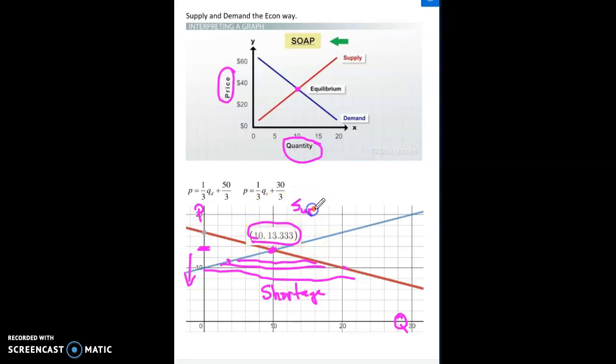And then for surplus, that would be over here. Surplus, remember, happens when the price goes up or higher than equilibrium price because less people want it. So that's why the demand curve, for this section of the graph above this equilibrium, is to the left side, which means a smaller quantity. And so that means less people want it or demanding it.